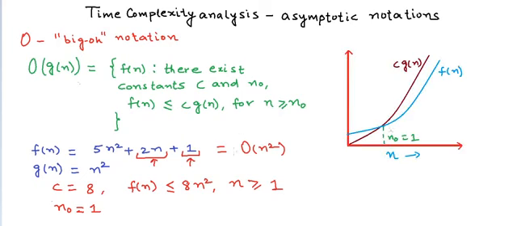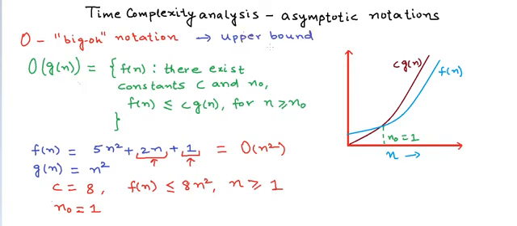So we have plotted the graph here, and you can see that after n equal to 1, that is our n₀, c·g(n) is always greater than f(n). So this assures that f(n) never grows at a rate faster than c·g(n) after n₀. So in this way, big O notation gives us an upper bound of the rate of growth of a function.